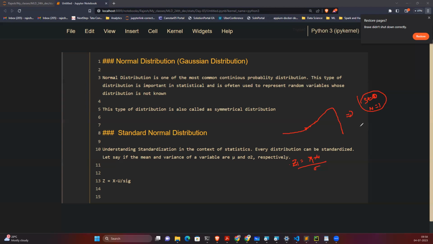We have a complete data set, we are just standardizing it so that the mean will be 0 and the standard deviation will be 1. This way we can make our skewness less. Not completely remove it, but it will get less.